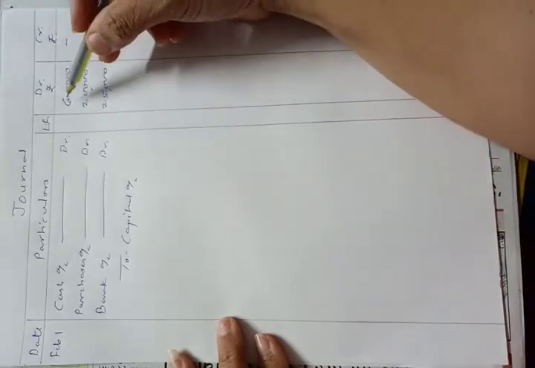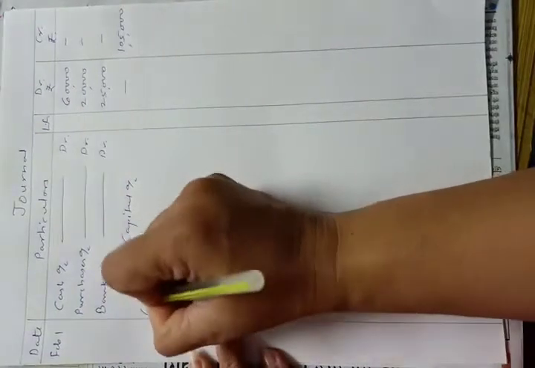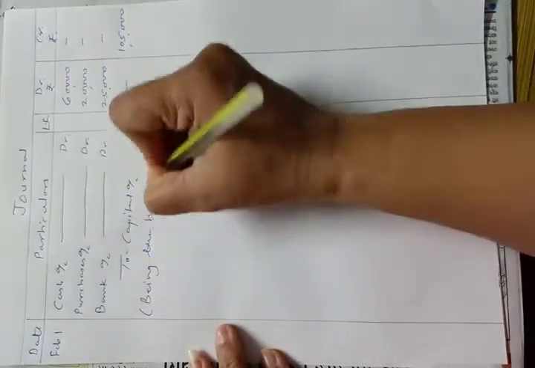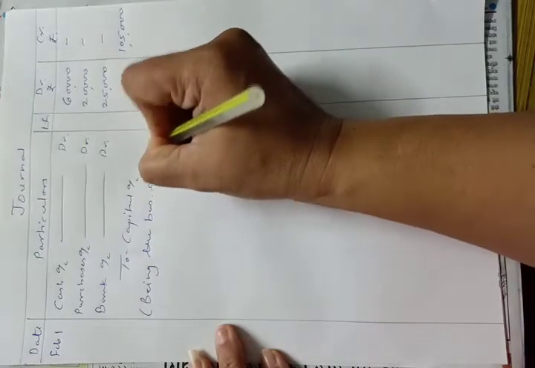So total amount 1,05,000 was invested by the owner into business. Okay. Understood? So being the business started. This will be the narration of first combined entry, and this entry involves 4 accounts.